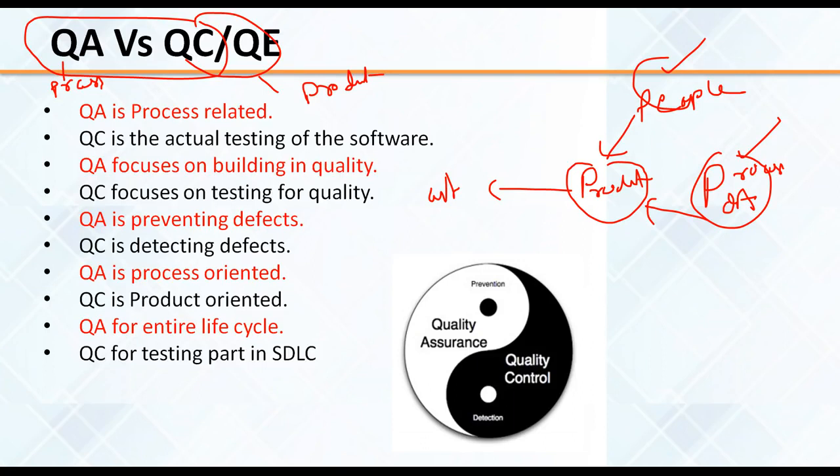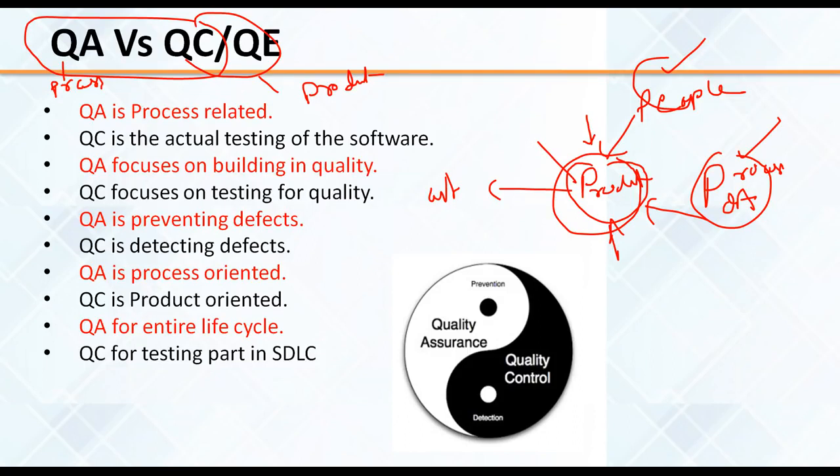QC or QE is exactly about the product. Whatever product we are developing, it is about how we need to develop this product, how many ways we need to conduct the testing, and what tools we have to use. All these things will be decided by QC, quality control.